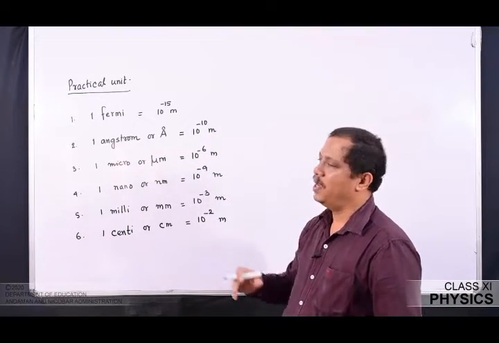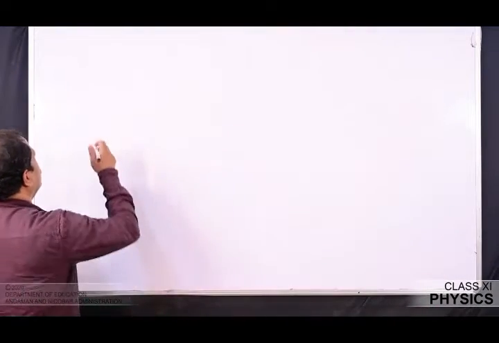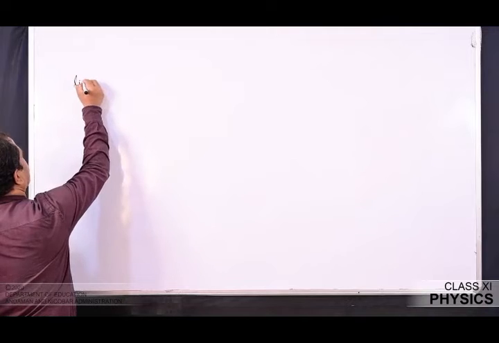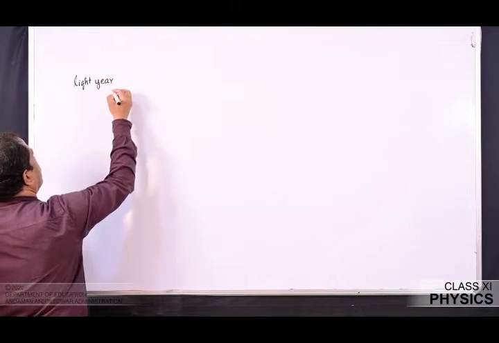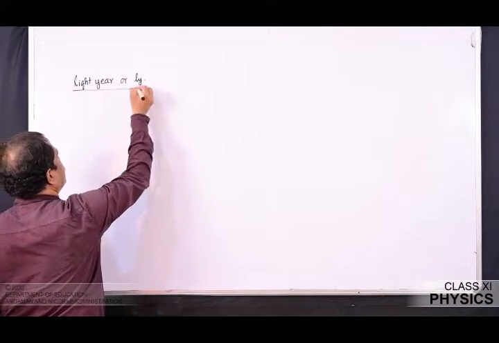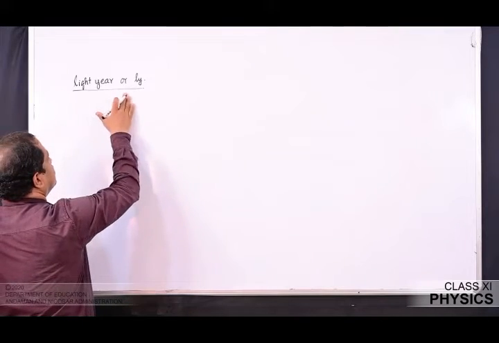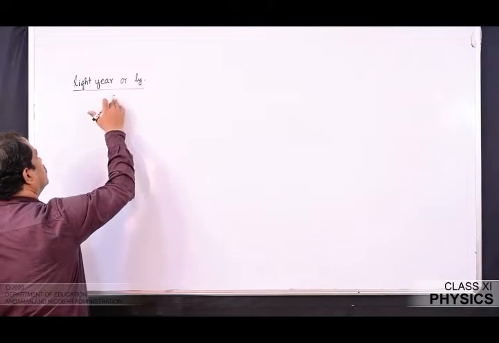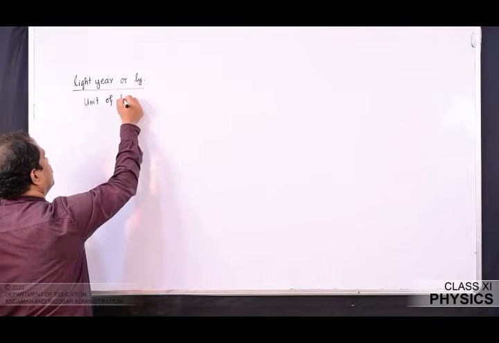Besides these, we have other practical units. The other practical unit, I told you, is the light year, abbreviated as LY. Now, this light year, when I say this is a practical unit, it is a unit of length.